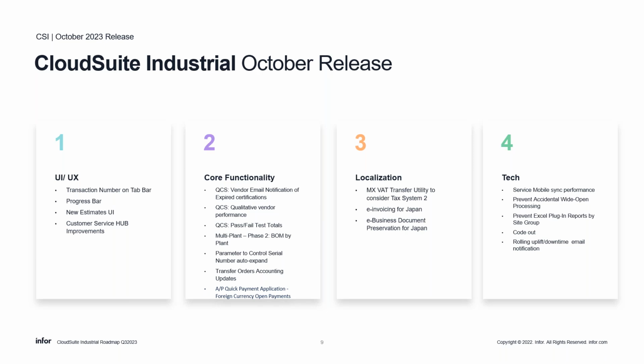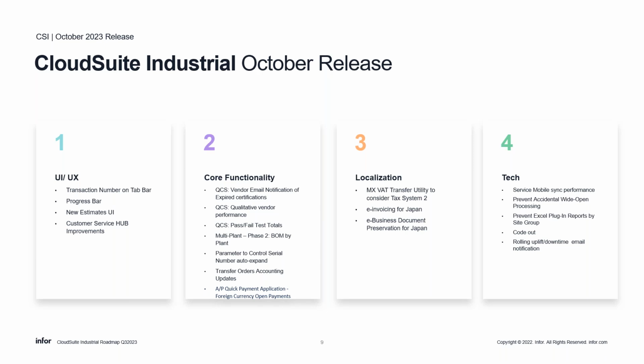So as you see on this slide, I did highlight the primary ones. We might see a few more added into the October release. Similar when we look at the April release in just a couple of slides, I highlighted some main ones, but we may see some additional ones.